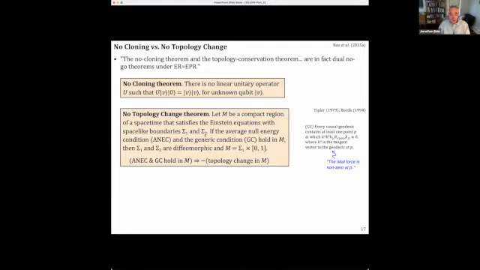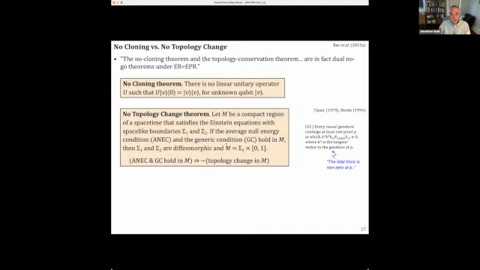If the average null energy condition from the previous slide and this other condition called the generic condition hold in M, then the two space-like boundaries are diffeomorphic and the entire region M is just the product of a copy of sigma and the interval 0 to 1. And that's an indication that there's no topology change, that throughout M there's a constant topology.